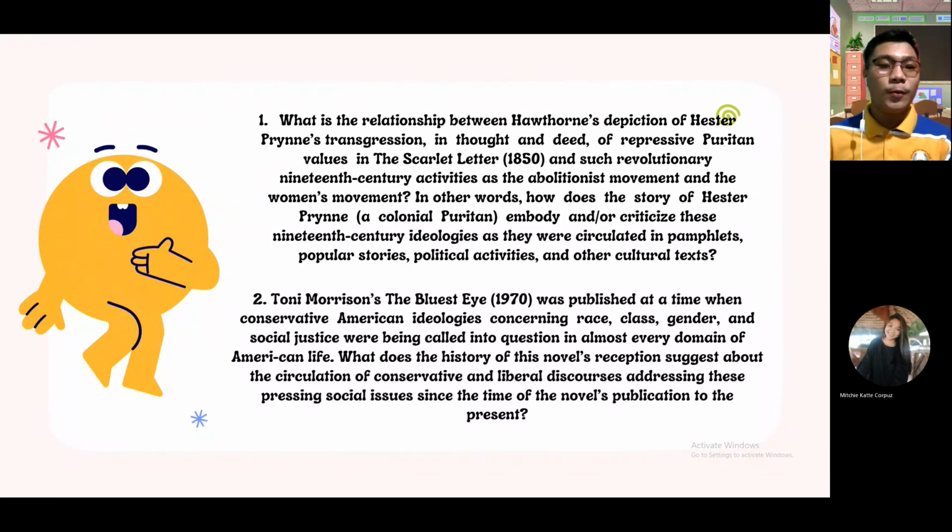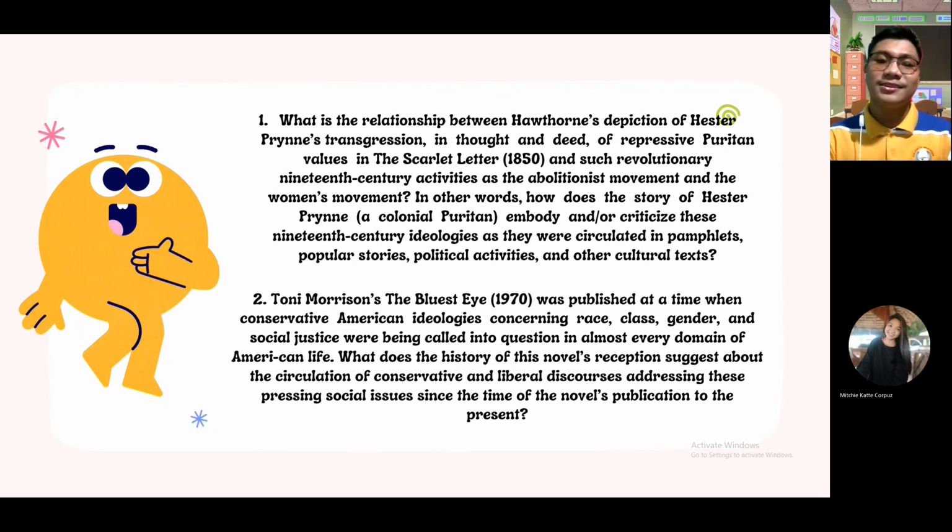The next one we have is Toni Morrison's The Bluest Eye in 1970, published at the time when conservative American ideologies concerning race, class, gender, and social justice were being called into question in almost every domain of American life.